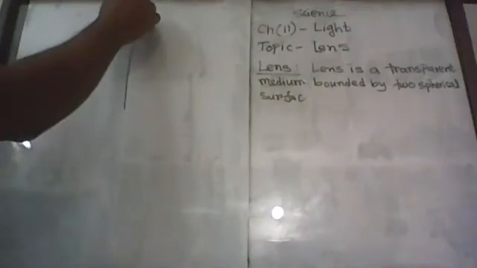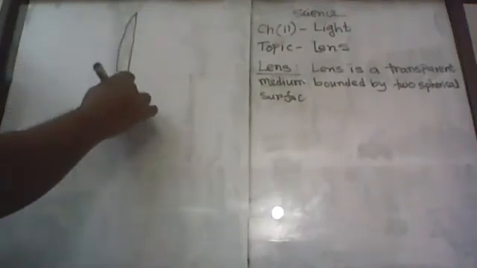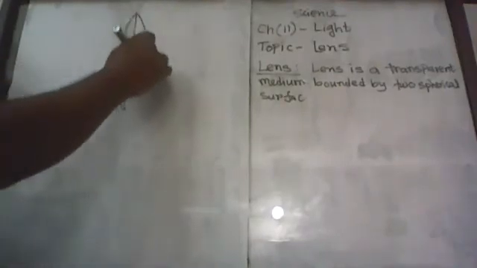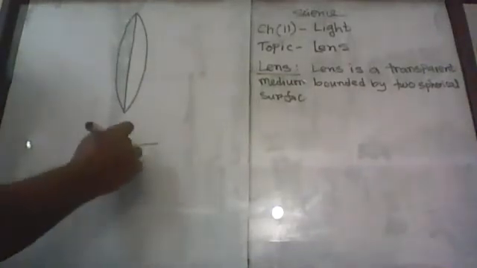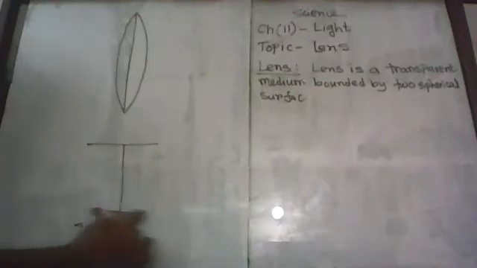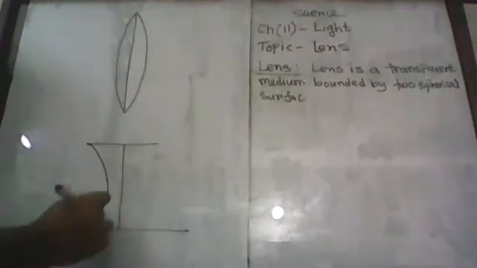You know that there are two types of lens here. One is concave lens and another is convex lens. So at first I'm going to draw the two types of lens. The first one is convex lens. So this is the convex lens. The second one is the concave lens.